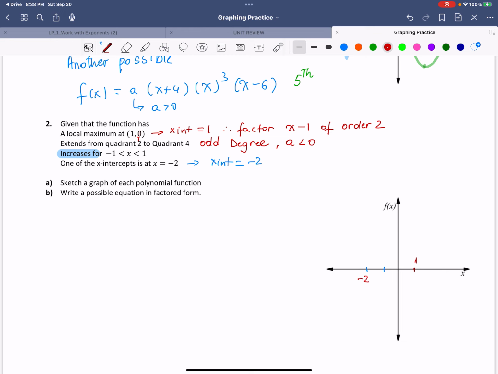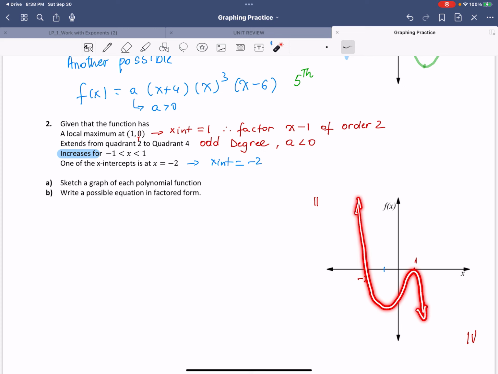So here we go. We have the graph of a function that starts in quadrant 2 and ends in quadrant 4. It has an x-intercept at -2, and it's going to have to hit x equals 1. That's the next x-intercept. It should make a turn because it's a double zero and the graph should go this way around.